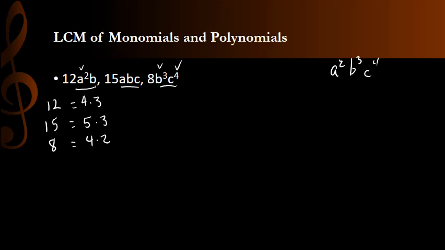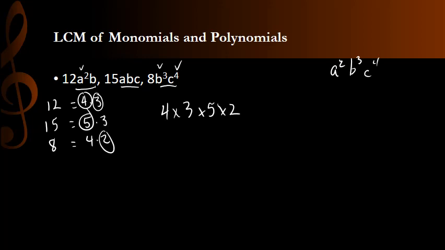Now, what do we see here? All right, well, I've got a 4, and I've got a 3. This 3 already appears. So I've got a 5, and I've got a 4, so I've got a 2.